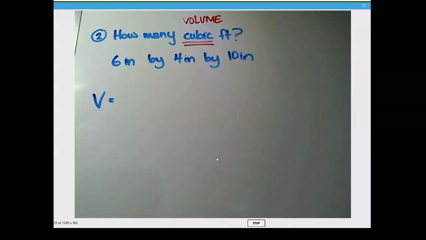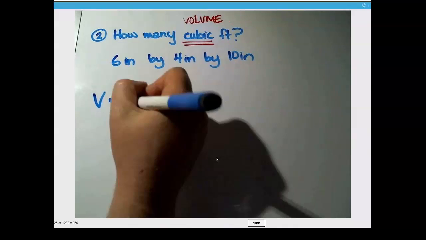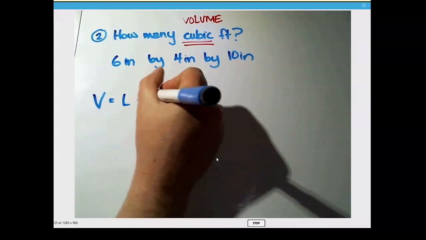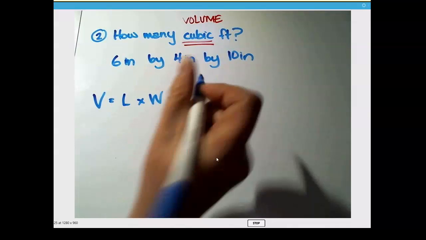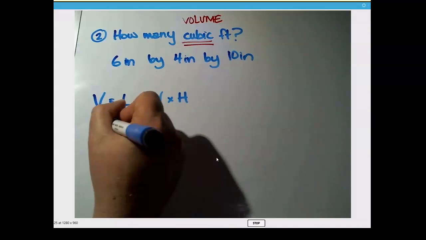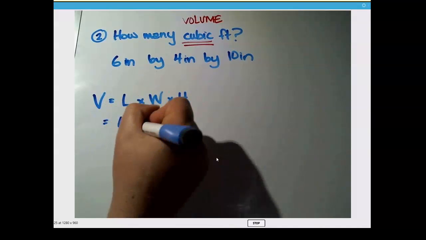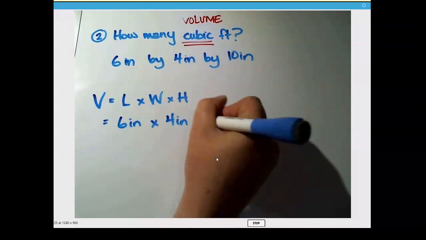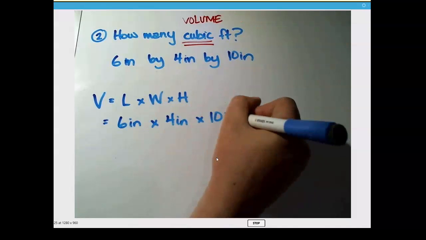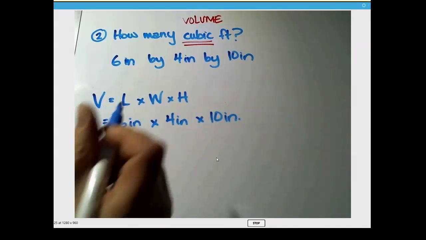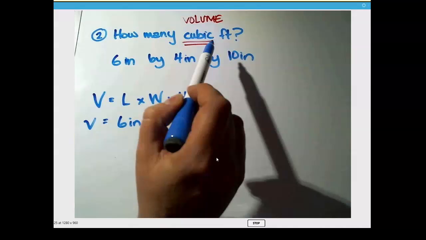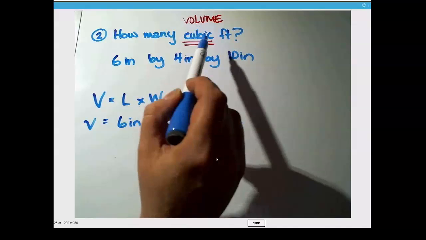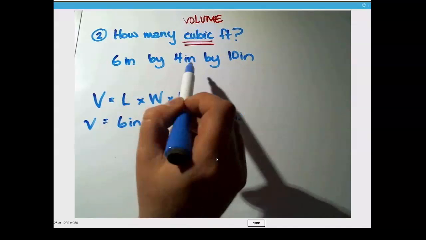Since it's a rectangular prism, finding the volume is just length times width times height, and just plug those all in. So I'm going to do 6 inches times 4 inches times 10 inches, and find the volume because then I'll have something in a cubic measurement as opposed to just a regular inch measurement.